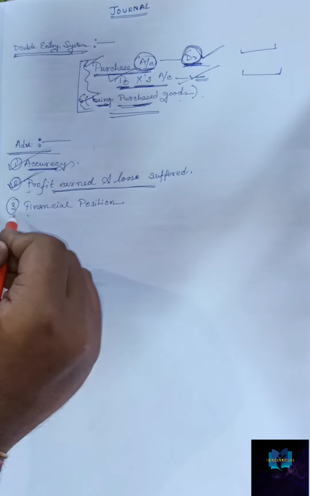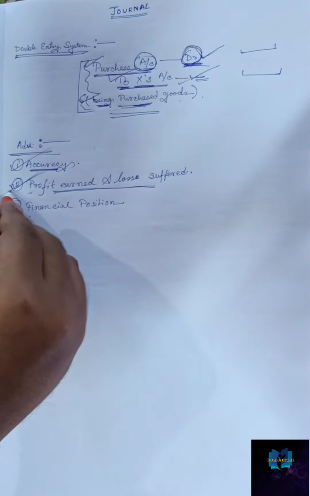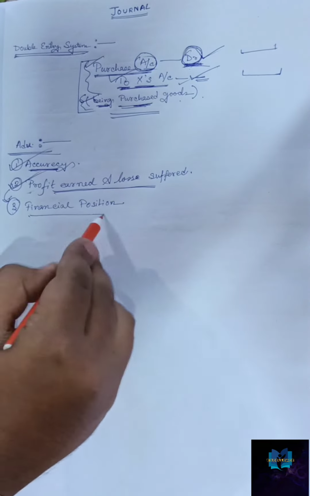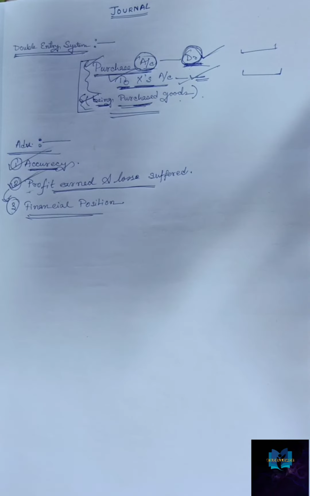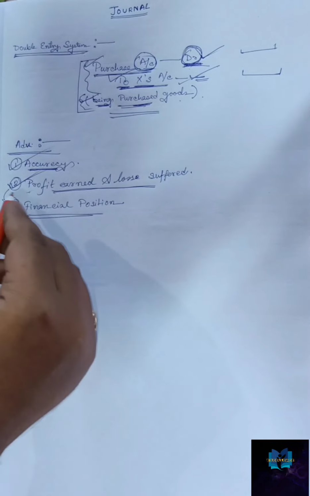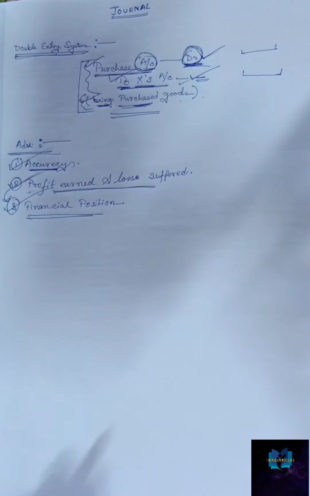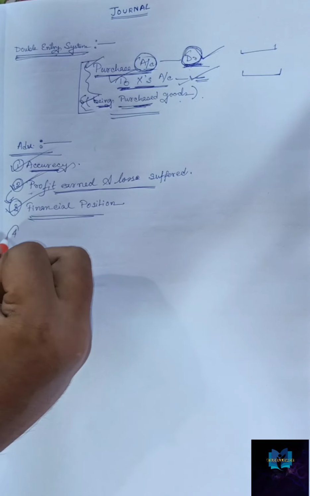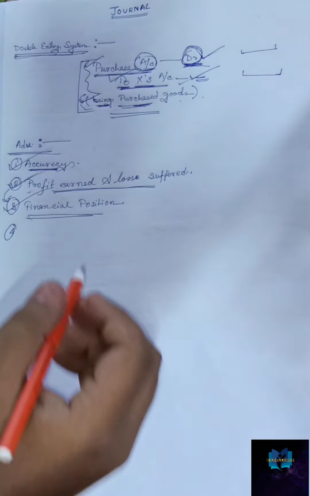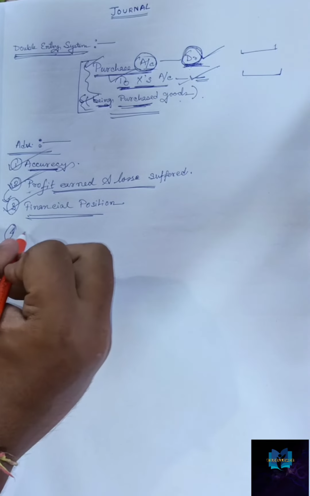So in the third point, the profit earned and loss suffered is also carried on, because through this we can denote the financial position of the company, how much profit is earned or how much loss is suffered. So the double entry system also helps us to get the financial position of a company. And in the fourth point, we get the details as necessary.